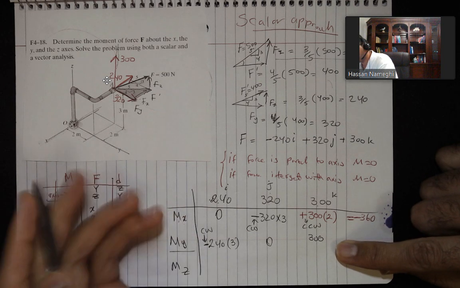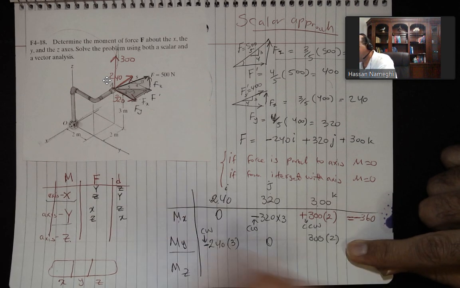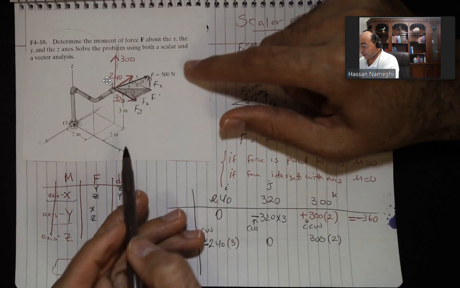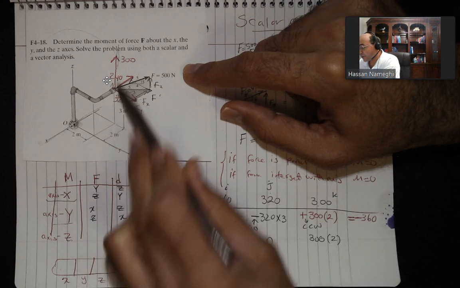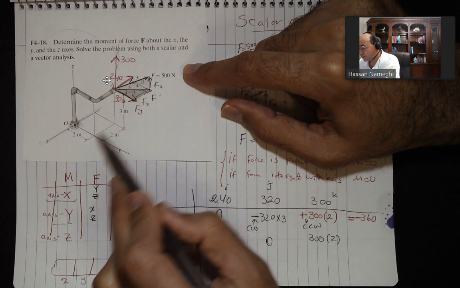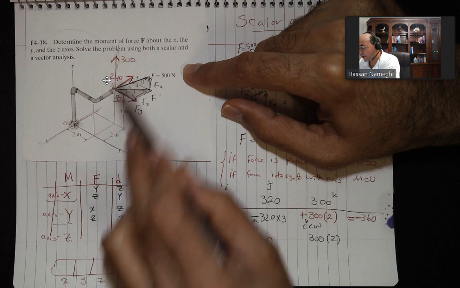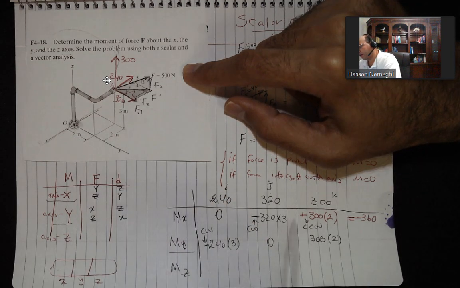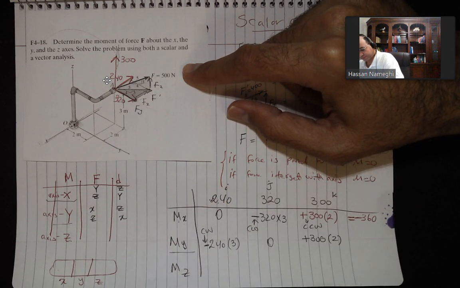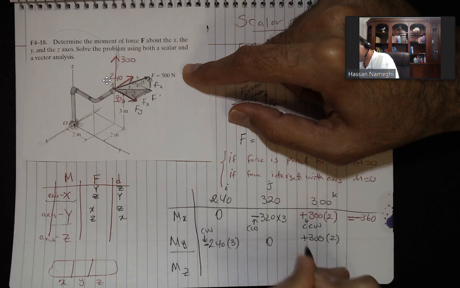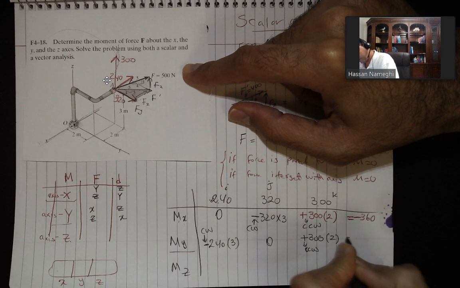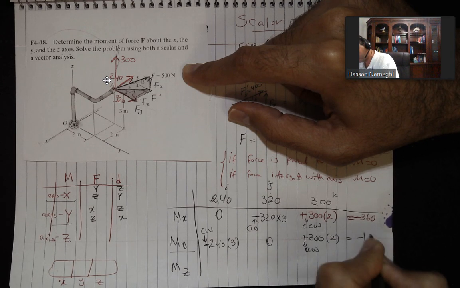It is back there, right? Okay, we need to do a little bit of thinking. So the 300 and the 2. The distance 2 is here, 300 is there. Is this going to go clockwise or counterclockwise? Counterclockwise, and this will be equal to minus 120.